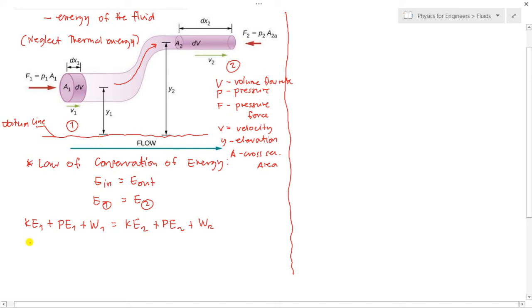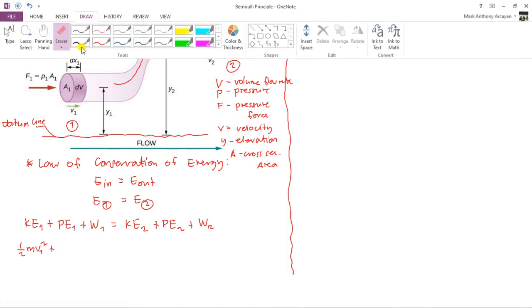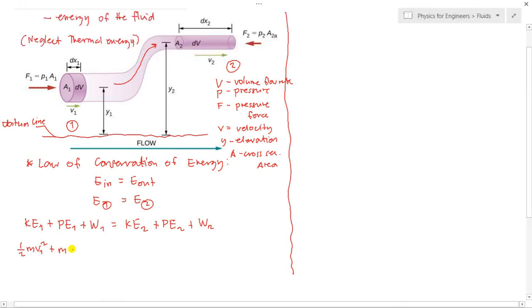What is the formula for kinetic energy? That is 1/2 the mass of the fluid times the square of its velocity at point 1, plus the potential energy, which is mgh: the mass of the fluid that enters the pipe or system, times gravity, times the elevation. The elevation at point 1 is y1. Plus the mechanical work, that is force times distance.